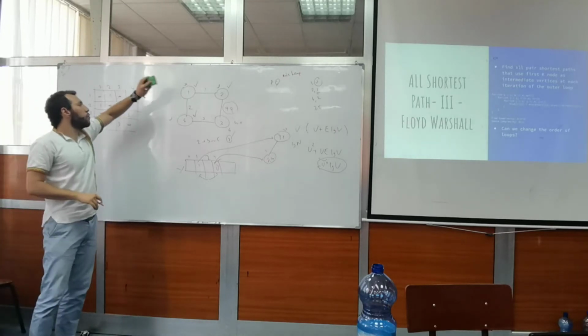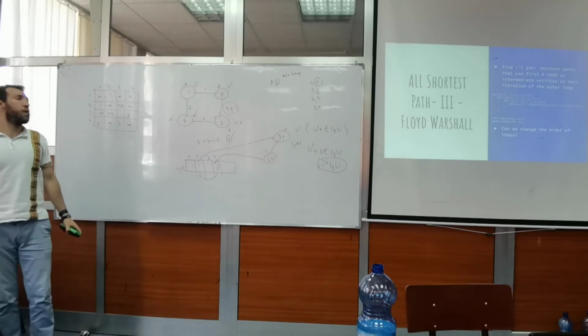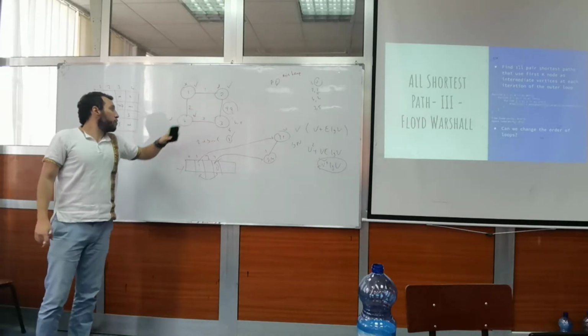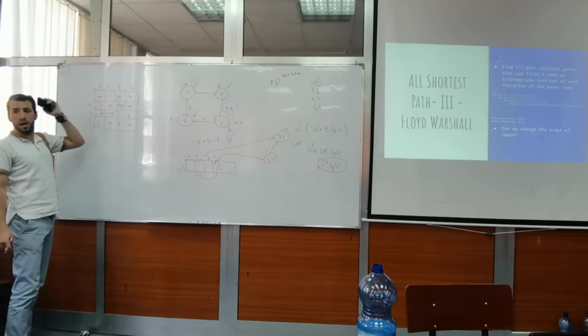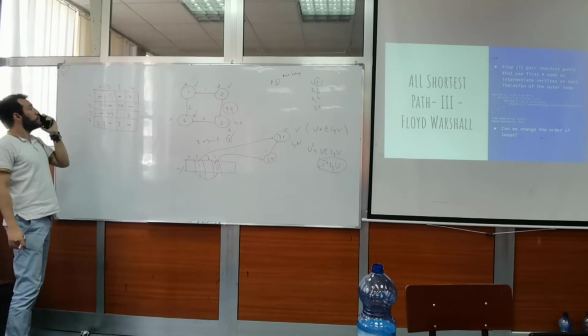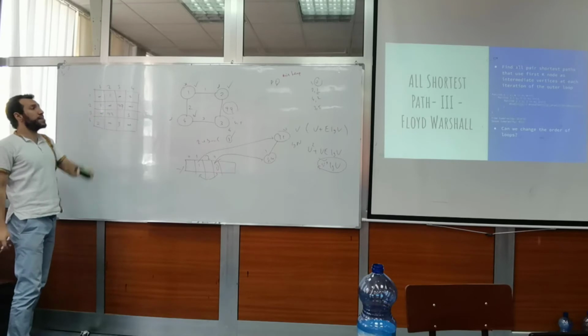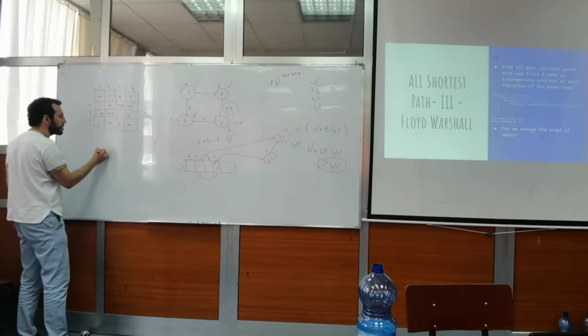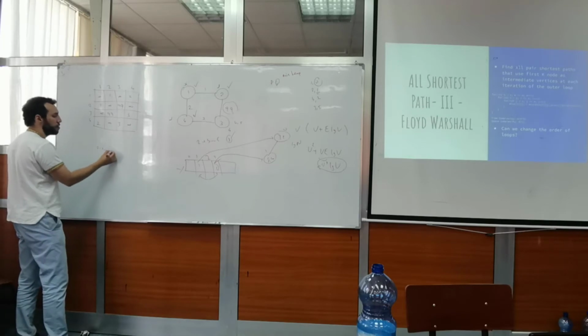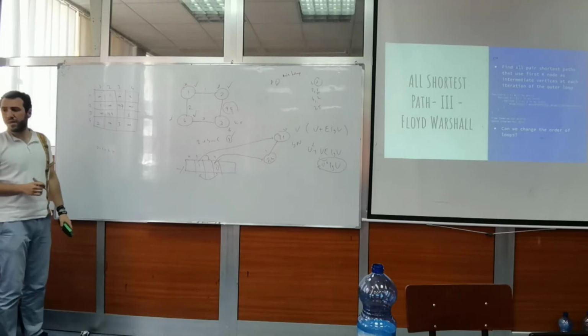And then I say, okay, what if I use 1 as an intermediate node? From 2 to 4, what is my current known distance? Infinity. And how about using 1 as an intermediate node and creating 2 to 1, 1 to 4? What is the total distance for this?